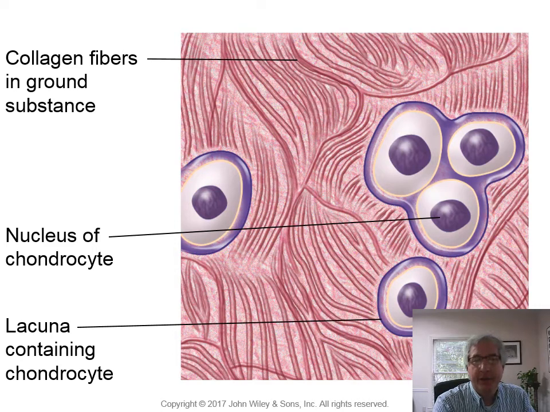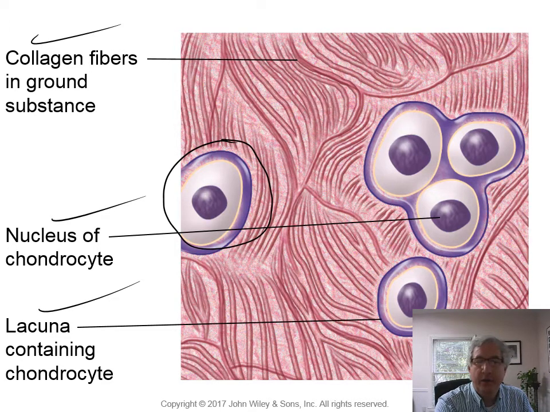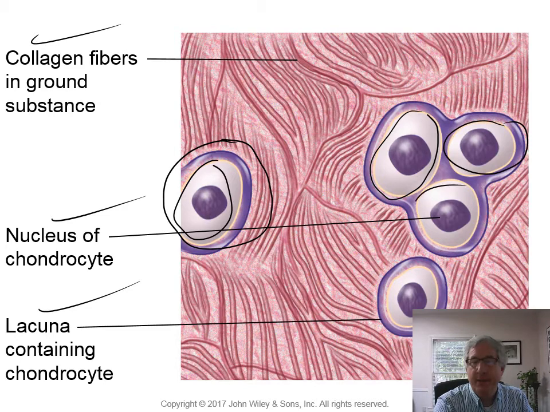So here we go. Here's collagen fibers in the ground substance, nucleus of the chondrocyte, and lacuna containing a chondrocyte. So here's a lacuna with a chondrocyte inside, right? So here happens to be 3 little chondrocytes, all happy, sitting inside a lacuna, and then here's another one here.